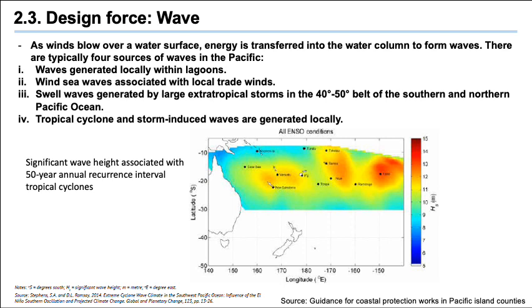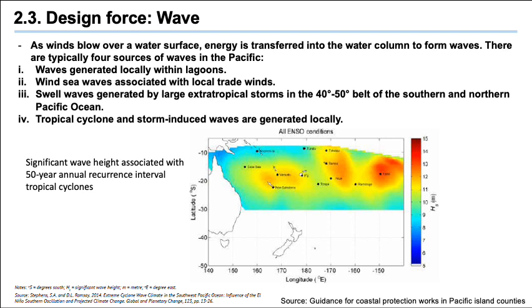I'd like to explain the next design force, wave. As winds blow over a water surface, energy is transferred into the water column to form waves. There are typically four sources of waves in the Pacific. One is waves generated locally within lagoons.